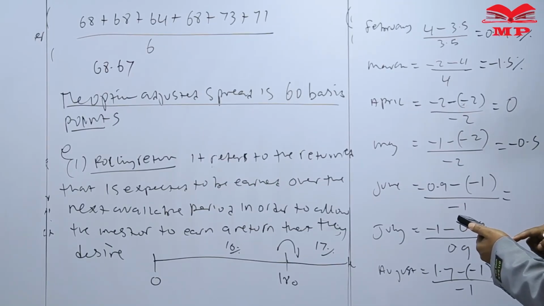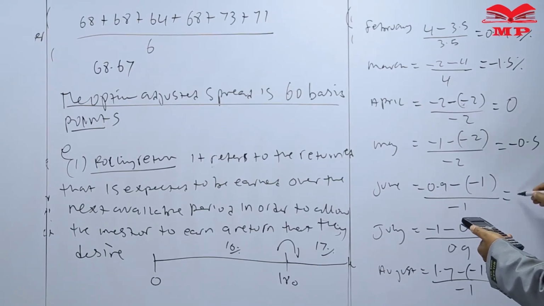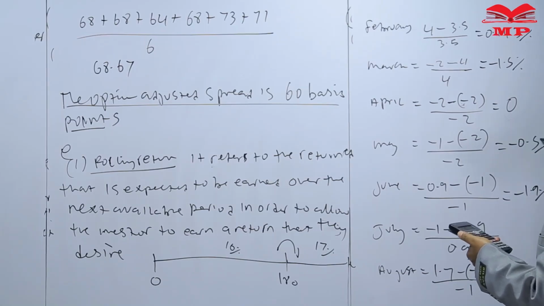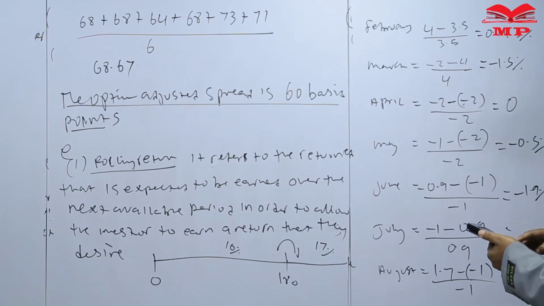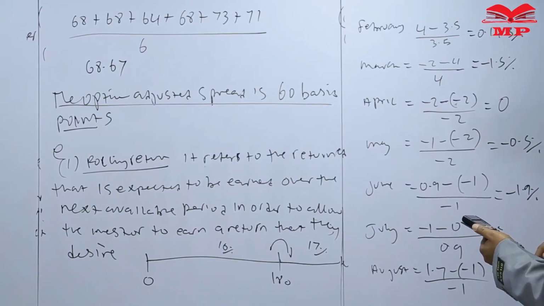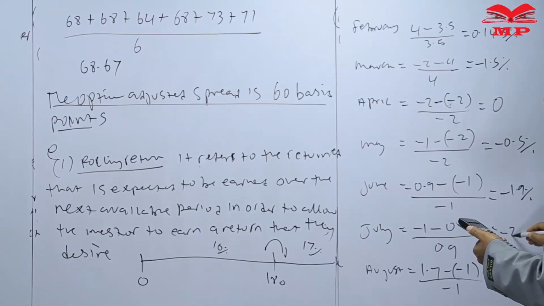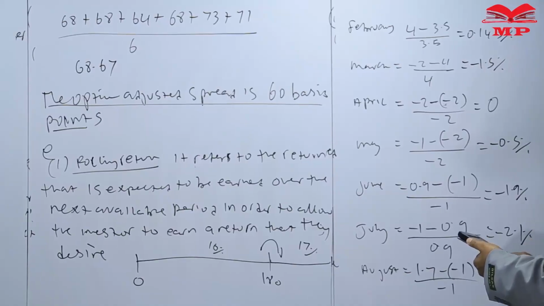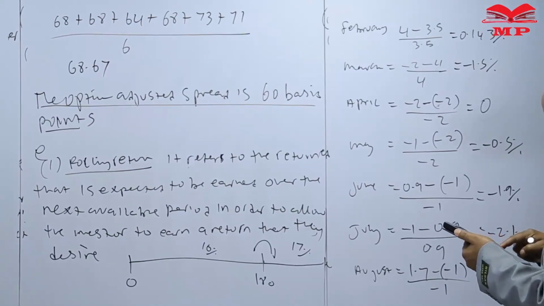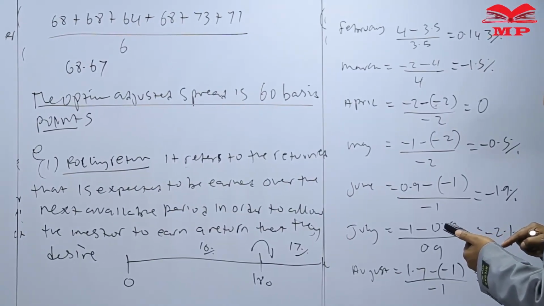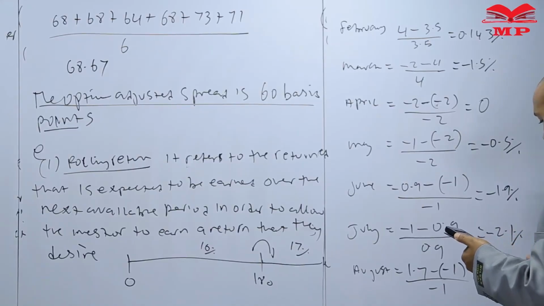Here we have 0.9 minus 1 divided by minus 1, that is minus 1.9. Then minus 1 minus 0.9 divided by 0.9 gives minus 2.1%. Then you have 1.7 minus 1 divided by minus 1, that is minus 1.7%.